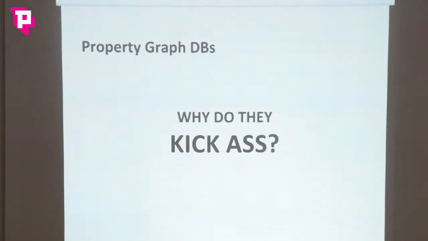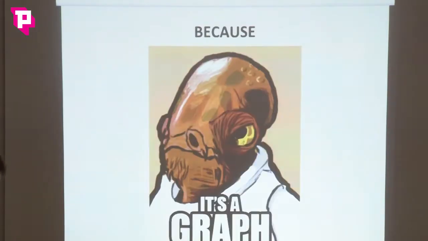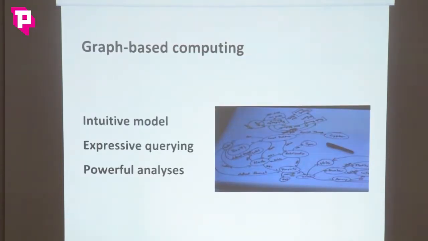But yes, if you are here, the question is, why should I bother about graph databases? Why do we need that? First, your whiteboard knows it, because it's a graph. Actually, what's so interesting about graphs is, first, you don't have to train your business partners in UML. You just start to draw something and they will understand.